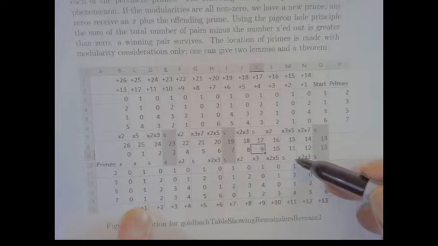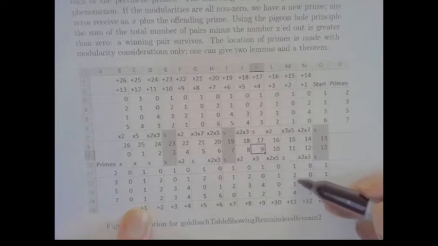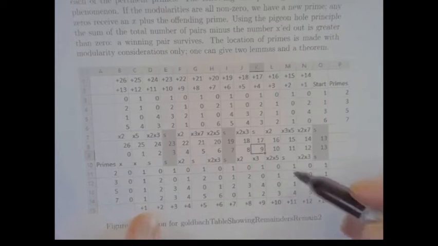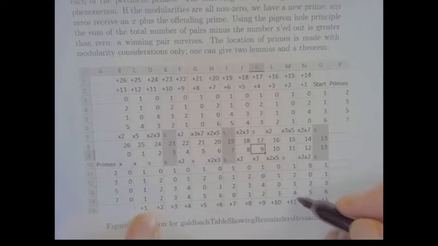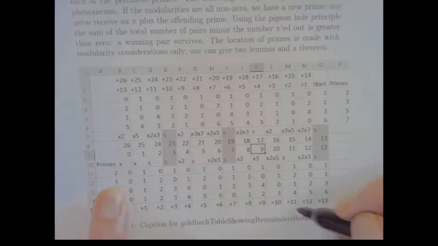Next one is 11. I have a string here. Notice I'm just having 2 through 7 primes. And this is kind of interesting. You get a lot of tables with just 2 primes with 1 prime, and we'll explore that in a second.